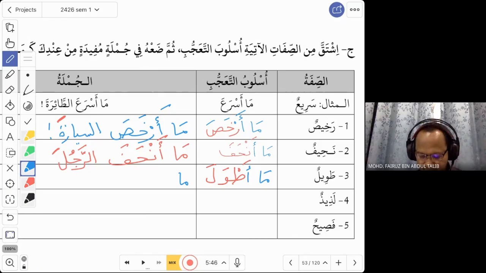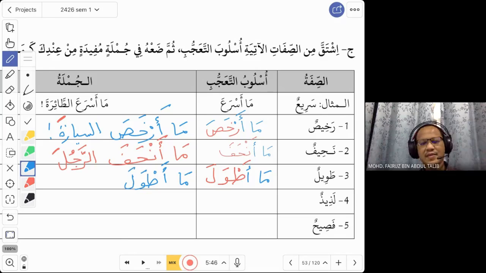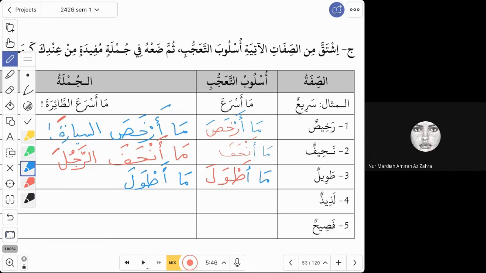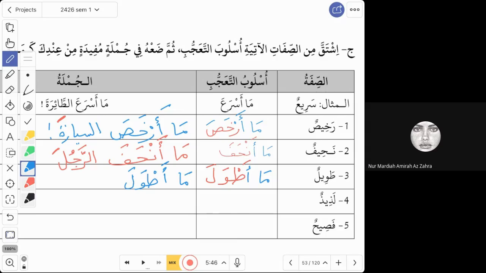It can be a person as well. For example, the building is very tall. So you say, MashaAllah, what a tall building. ما أطول الجامعة. Ma atwala al-jami'ah.